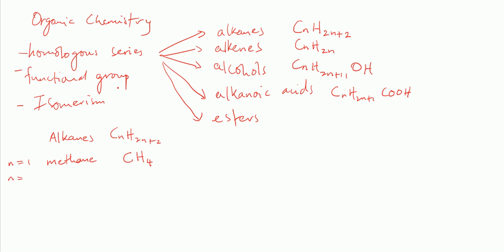Then when n is equal to 2, we have ethane, which is C2H6. If we have n equal to 3, that is propane, which is C3H8.